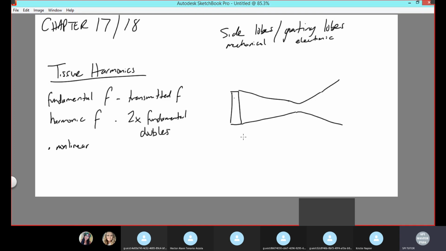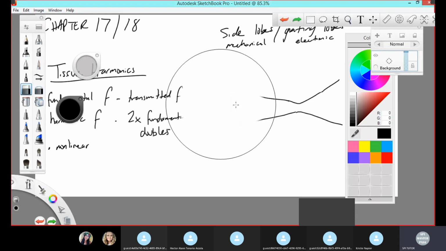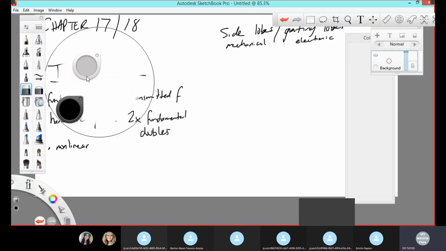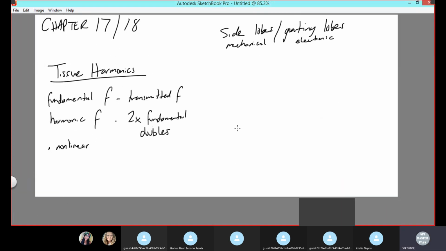The reason for that is, I believe it's called Huygens wavelets. I don't know what chapter it is, but it's Huygens wavelets, which means that each little crystal sends out this Wi-Fi looking shape, because that's how Wi-Fi looks.